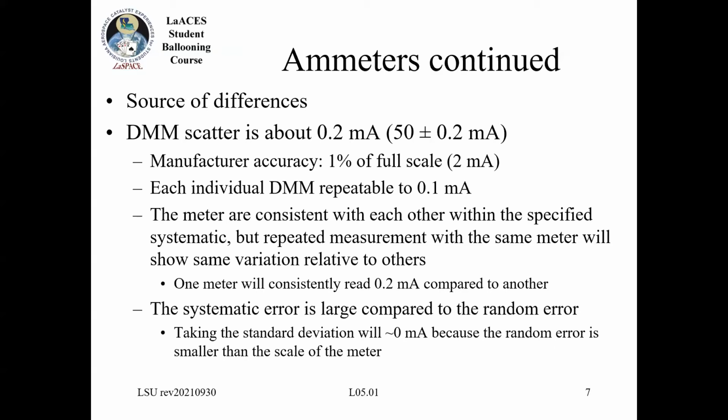And in fact, in this case, you're not really going to be able to detect that random error because the systematic error is so much larger. The resolution on your multimeters is larger than whatever that random error is. So if I take any one of those individual multimeters and try to take the standard deviation, it's basically going to be 0, because that 0.1 milliamp resolution of the multimeter is larger than the random error.